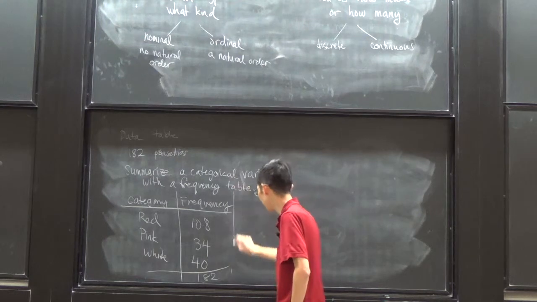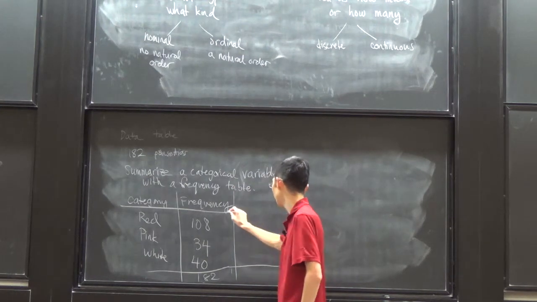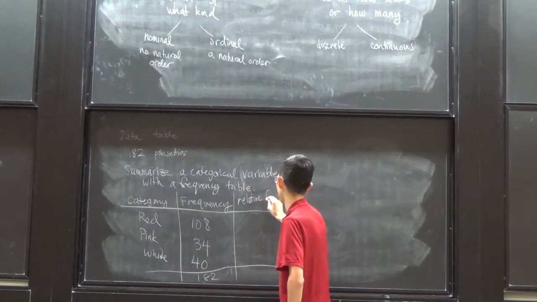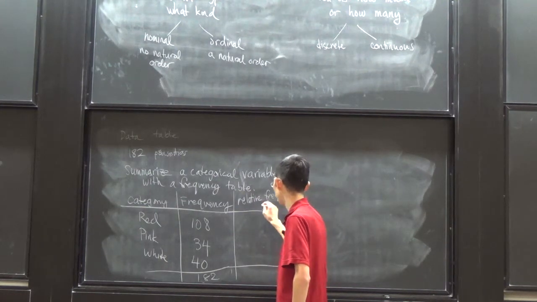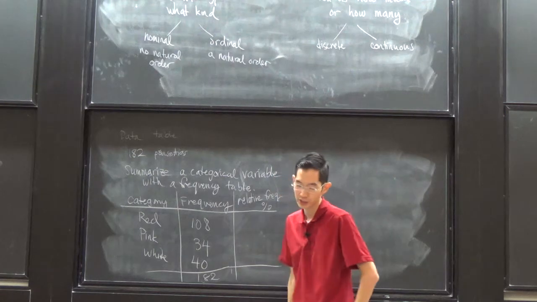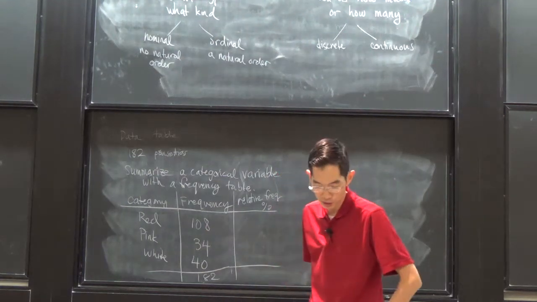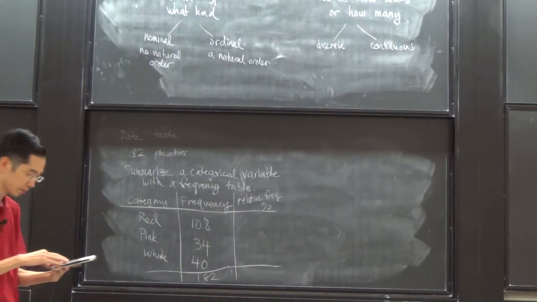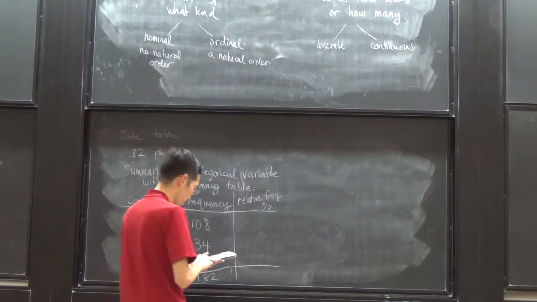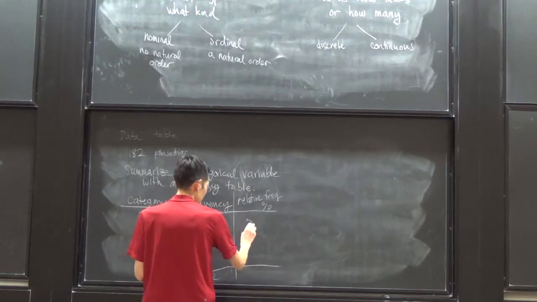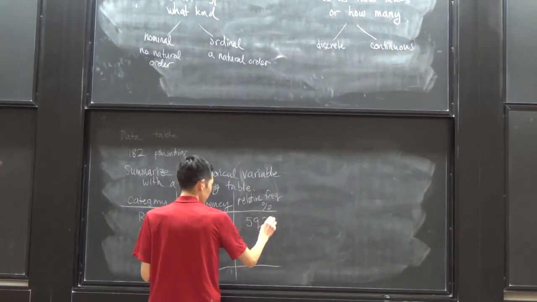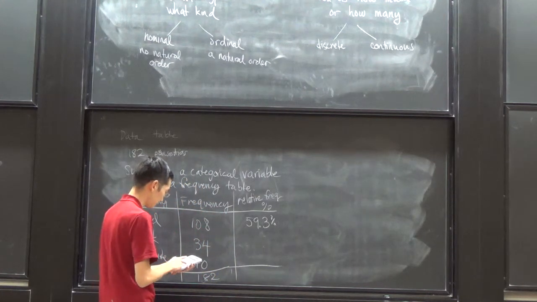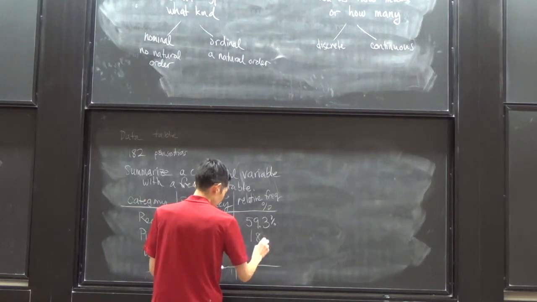We can add a column called relative frequency, which is basically just a percentage, and we would get the percentage of each one. So we do 108 divided by 182 and get some number. 59%, 59.3. 34 divided by 182 is 18.7.